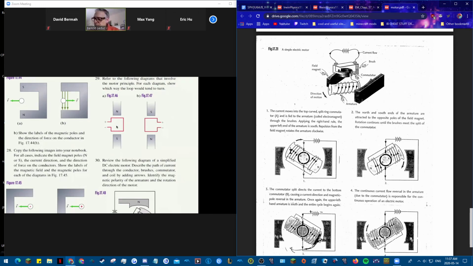So you pretend there's a little axis of rotation here. That's the axis of rotation. And what you have to let me know is, does this rotate this way or this way? Okay, it's the same thing here.